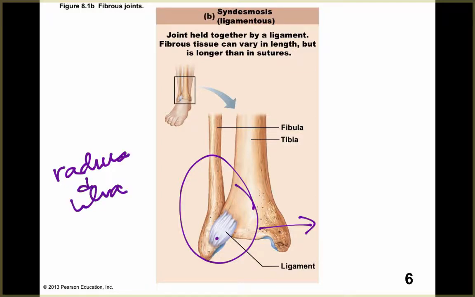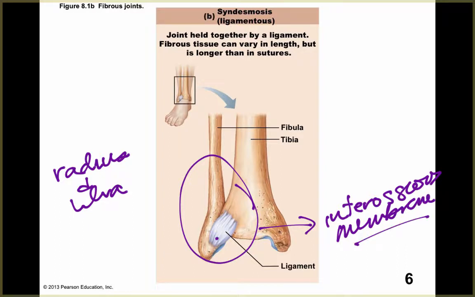And basically this membrane that you find, or the sheets of membrane, are interosseous membranes. And you can find those basically towards the distal part of those bones.